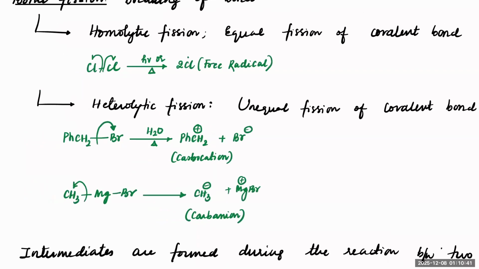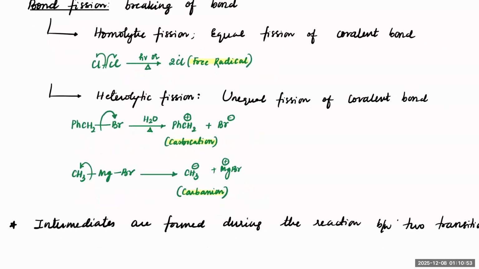So you can see, so far we came across 3 intermediates here. One is free radical, carbocation, and carbanion. That means every intermediate formation is either a part of homolytic fission or heterolytic fission.